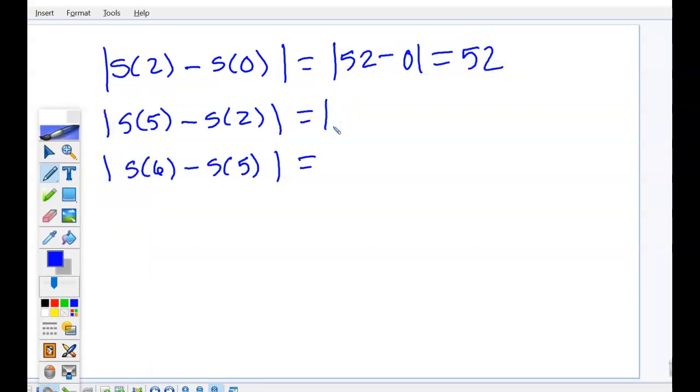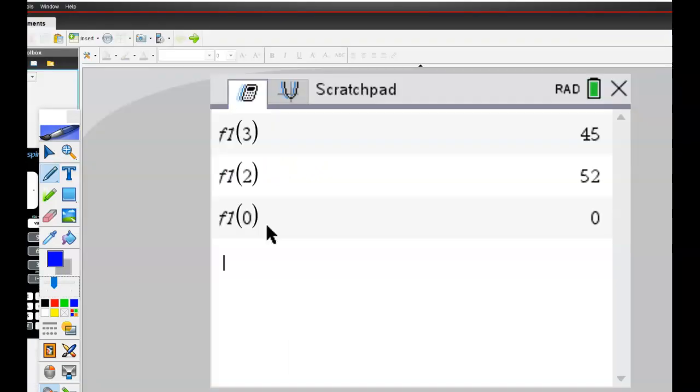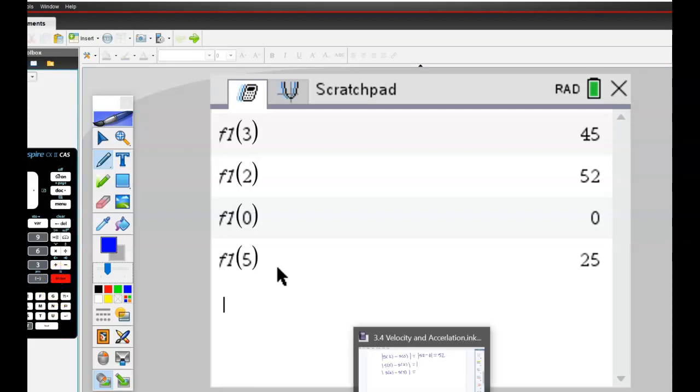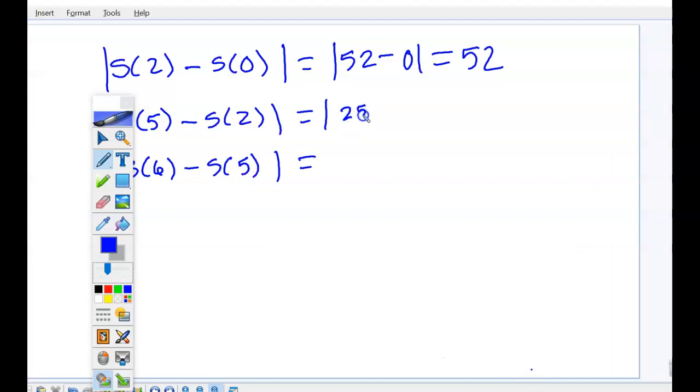Then I'm going to go S of 5 minus S of 2. So let's just do that as one calculation. S of 5 is my function at 5, which is 25, and S of 2 we found to be 52. So 25 subtract 52 ends up being a negative 27.